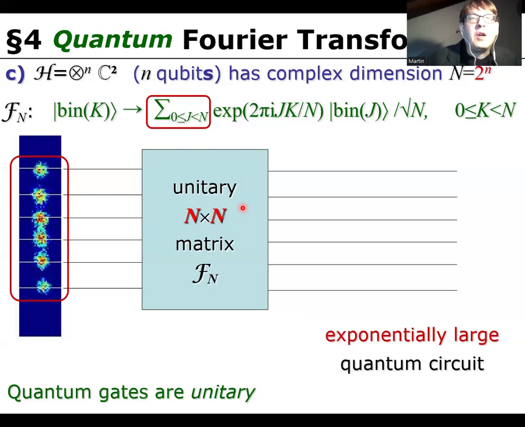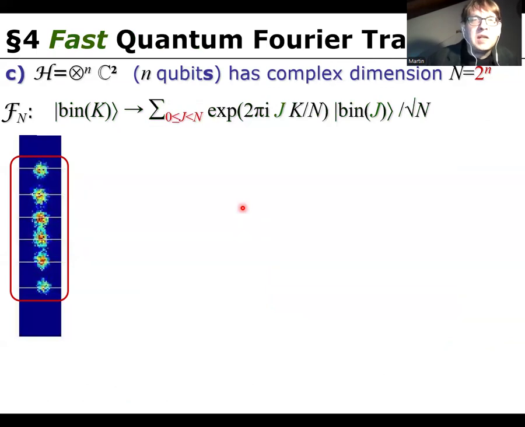And it turns out that the quantum Fourier transform also has such an alternative, much more succinct representation. And that's what we're going to discuss now. This is still mathematics. So this is one way of expressing this quantum Fourier transform with an exponentially large sum. But it turns out one can rephrase that.